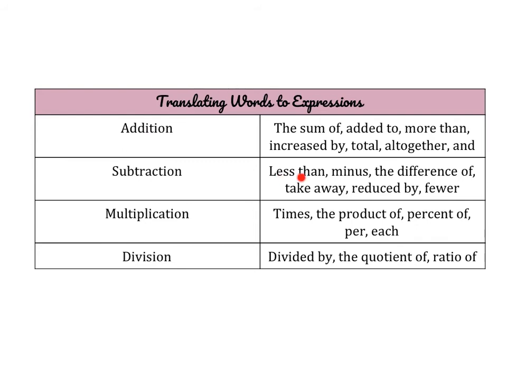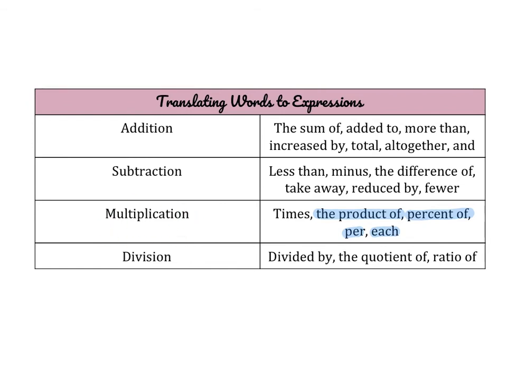Anytime you see the words less than, minus, the difference of, take away, reduced by, or even fewer, you should use subtraction as your operation. Anytime you see times, here's one that's really specific to multiplication. The product of, a percent of tells you to multiply, per or each.